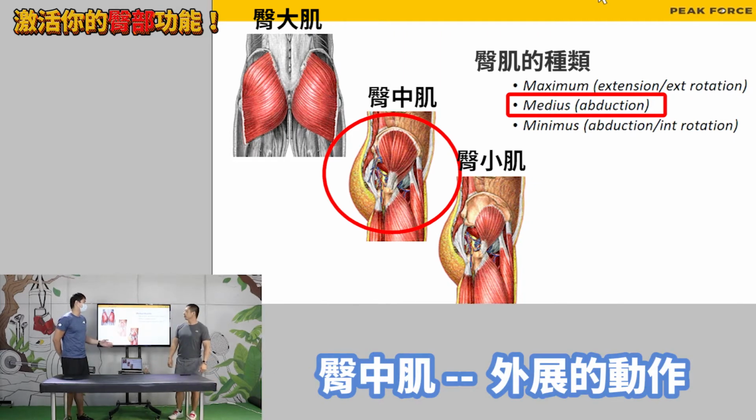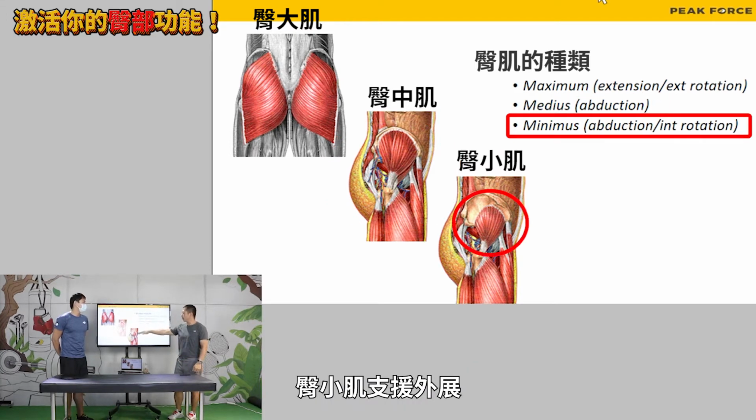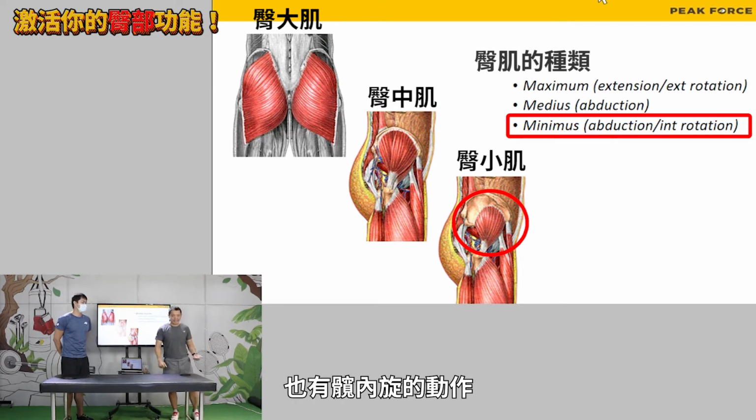And the minimus muscle also supports the role of abduction, but it also has internal rotation.